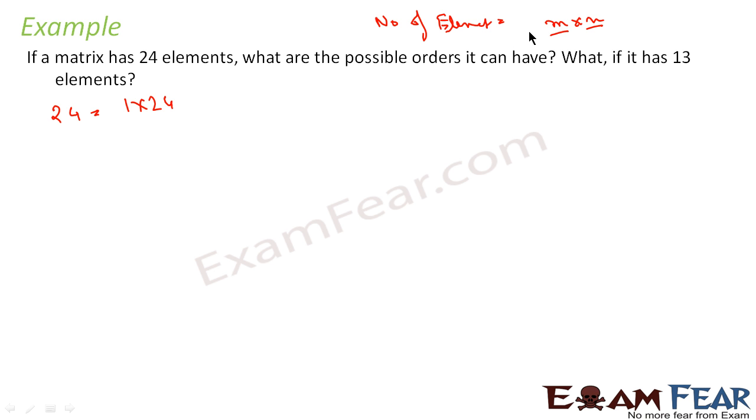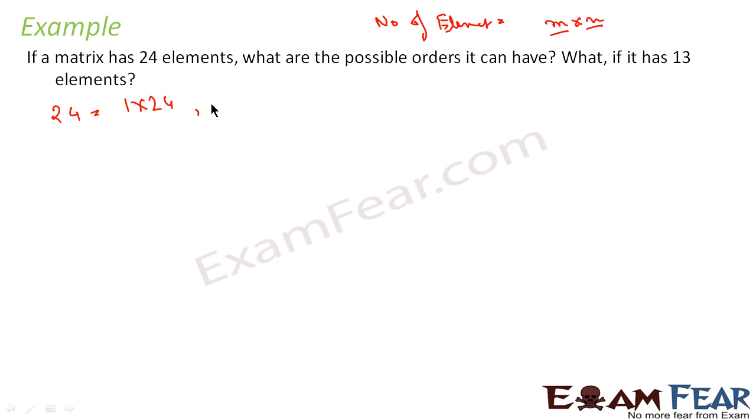So if you can write 24 in various form of m into n, that means those are the possible orders of matrix. For example, 24 I can write 1 into 24, right?